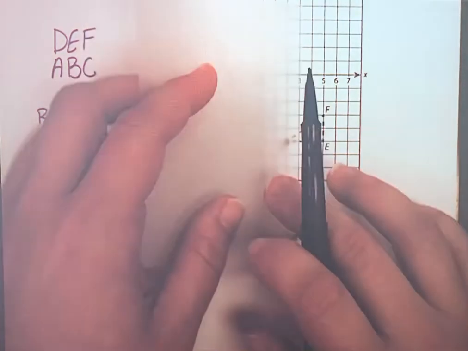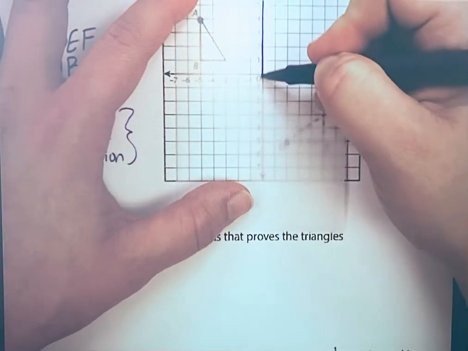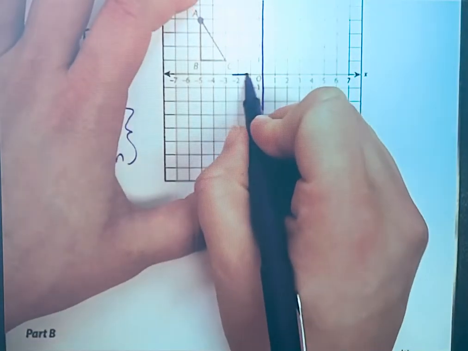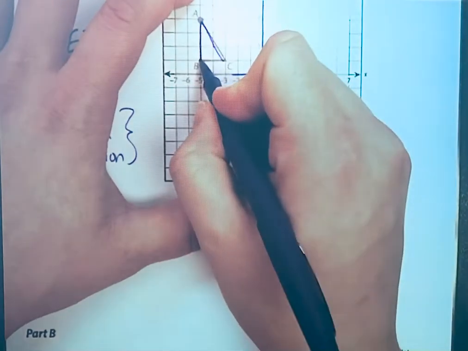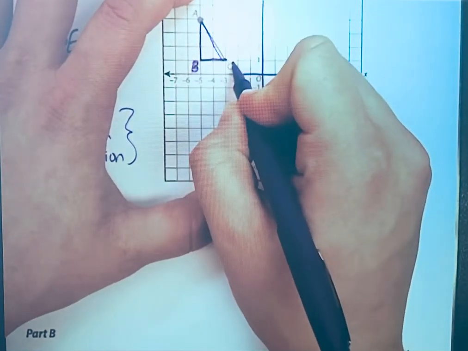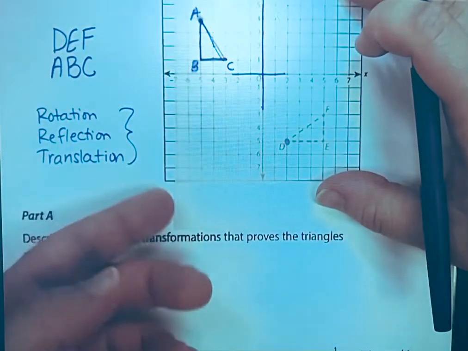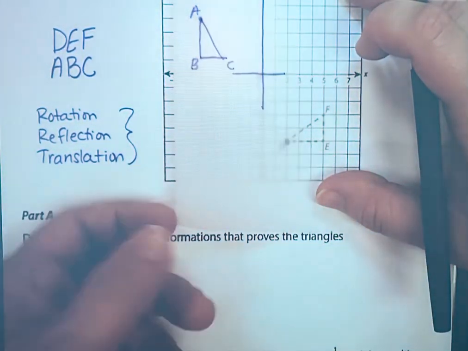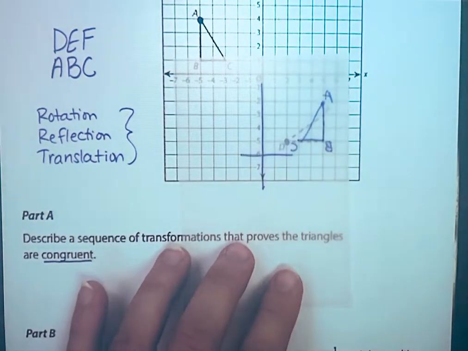Typically, when you rotate something, it's going to change the orientation of it, meaning it's going to turn. And this is how the tracing paper works. So if I reflect, let's kind of rule out reflection. If I reflect here and I move it down, that does not match.